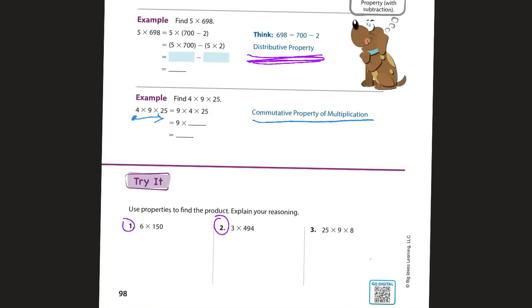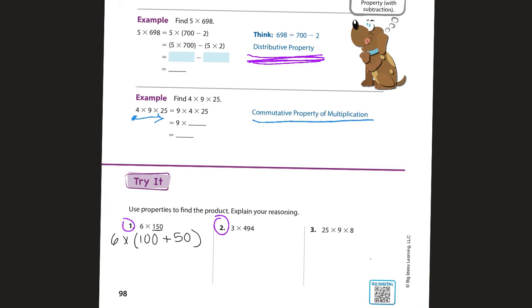So to use the distributive property, I'm going to decompose or break up my large number into easier numbers to work with. So here I have 6 times, I'm breaking this up into 100 plus 50.